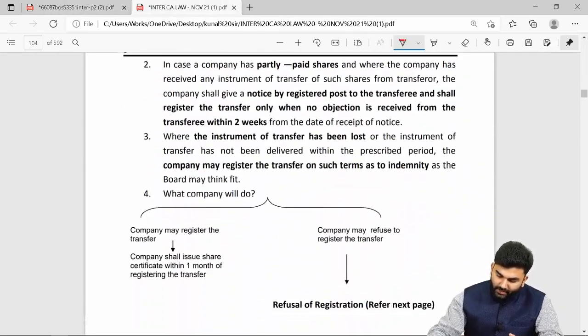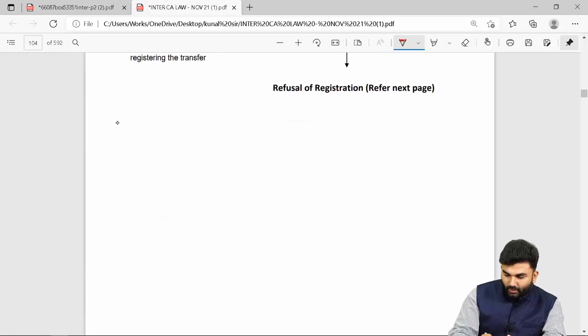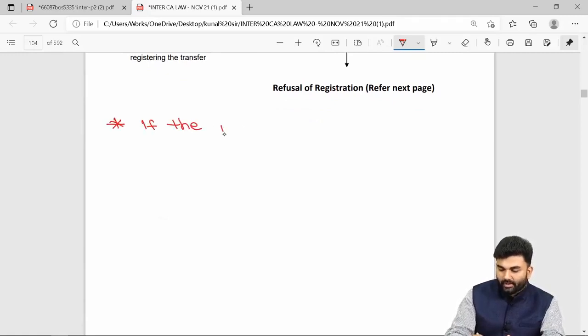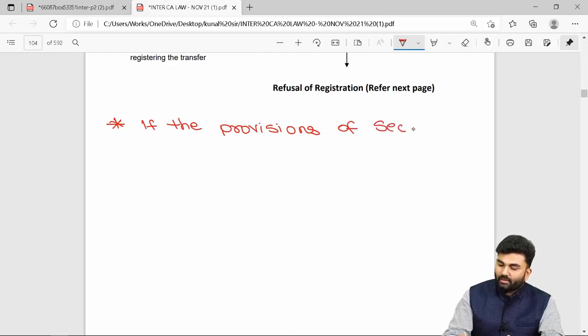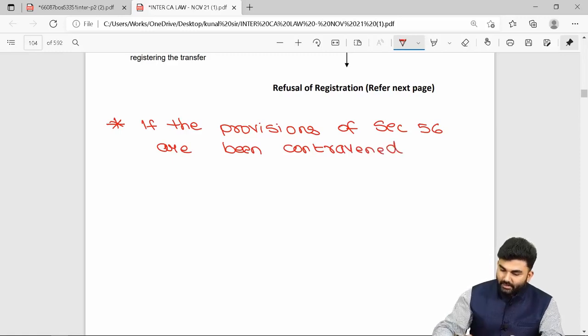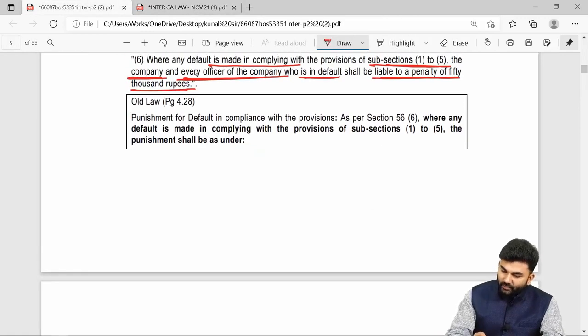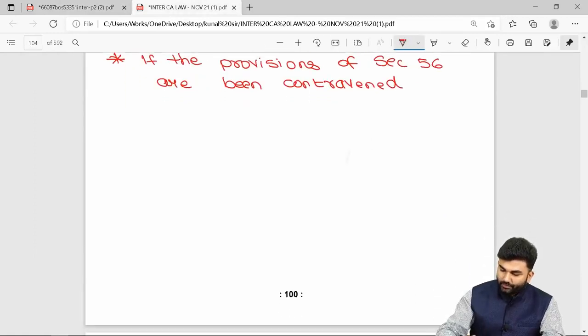So you can just make a note over here. You can write, if the provisions of section number 56 are been contravened, then in such case the company as well as officer in default will be liable to a penalty of rupees 50,000.